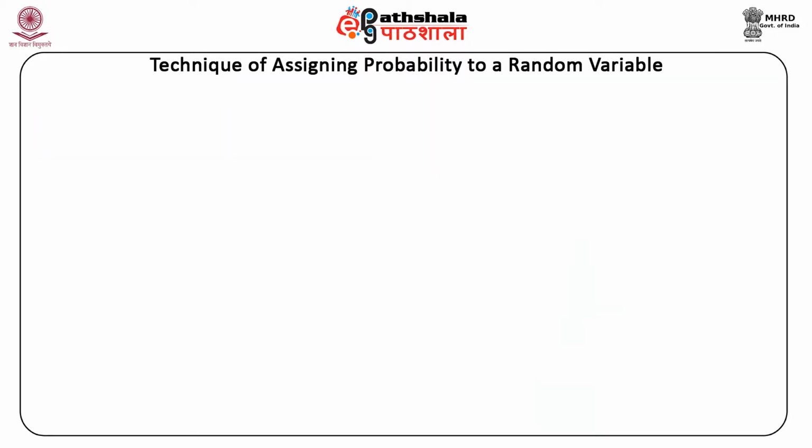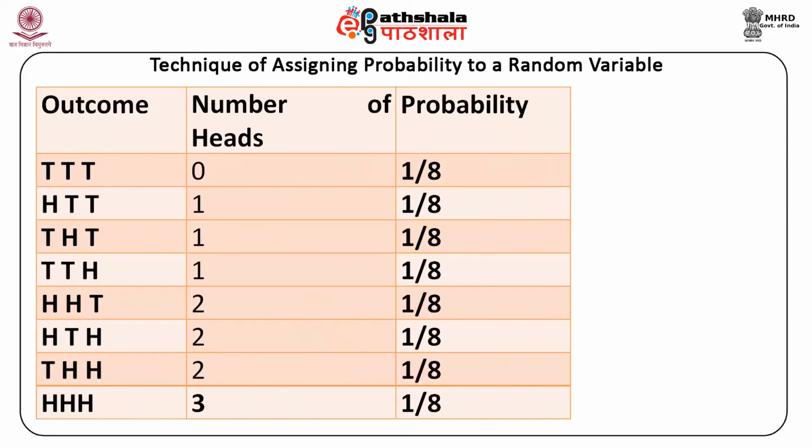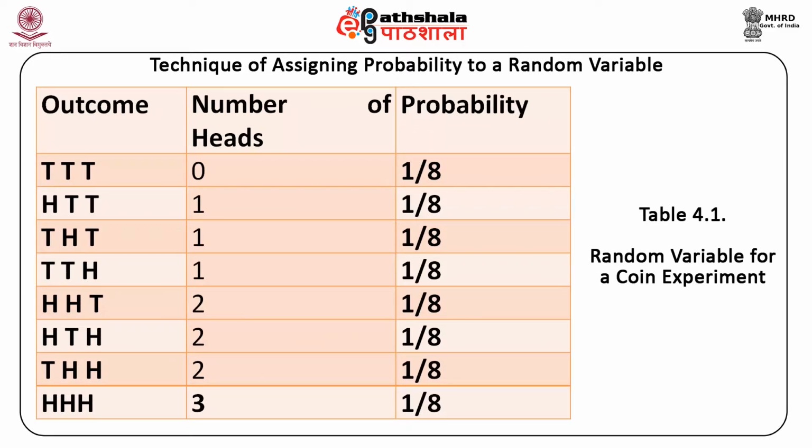Technique of assigning probability to a random variable. Suppose that a fair coin is tossed 3 times and we are interested in the random variable number of heads. The sample space of this experiment, that is the number of heads corresponding to each point, and the associated probabilities are shown in Table 4.1, random variable for a coin experiment.